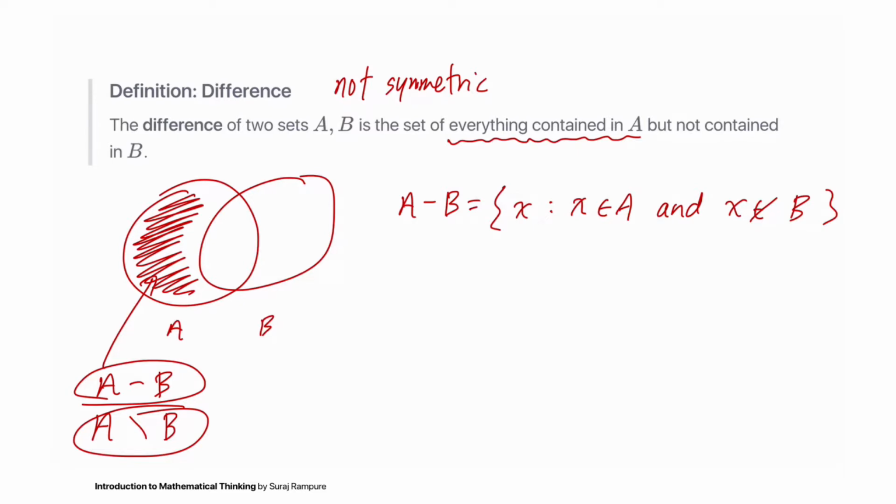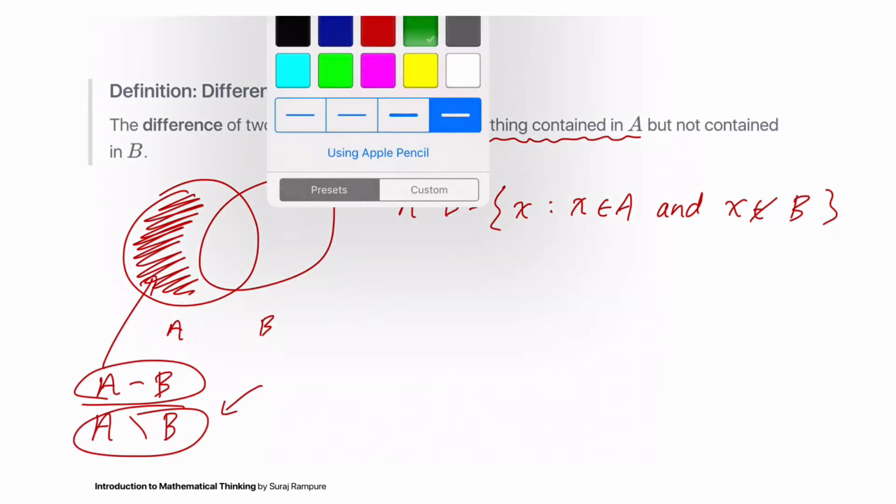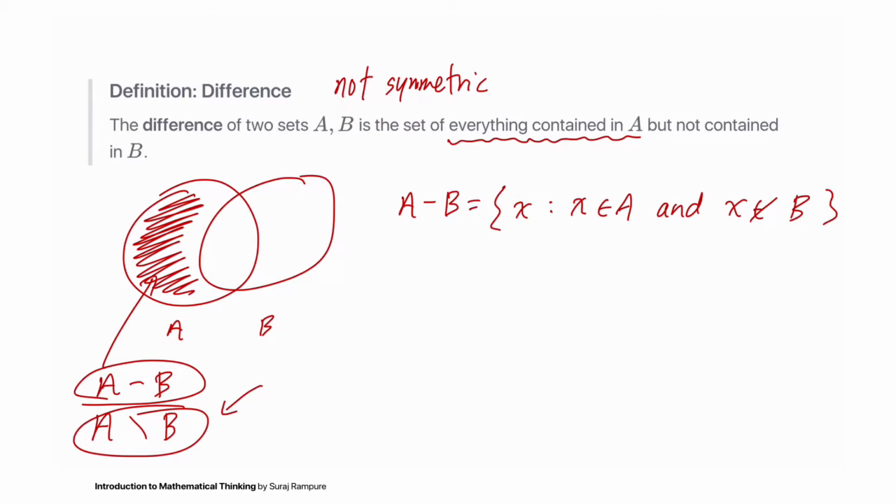One little problem or misconception that explains why we might want to use this notation for the difference as opposed to the minus sign is as follows. You might agree with me in that the union of A and B consists of three parts, right?